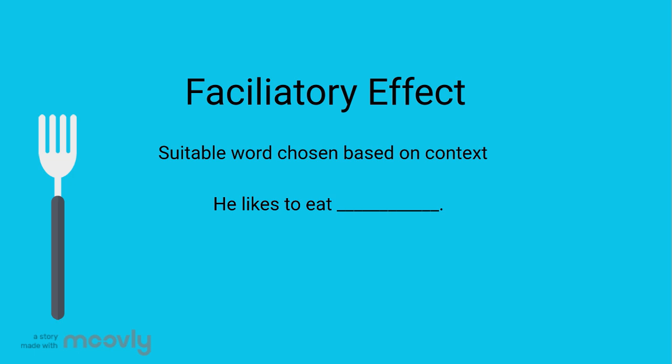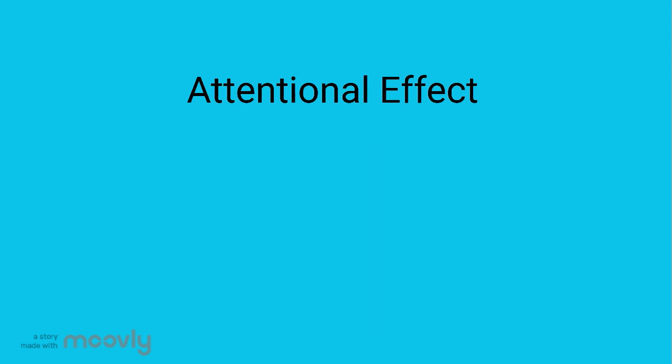So when we move on to this one, compared to the previous one, this one has two types. So attentional effect actually has the automatic one and also the non-automatic one. Like we've mentioned before, when it comes to automatic, it's actually something that is subconscious, we cannot prevent it. And as for the other one, which is non-automatic, it's actually when you can.